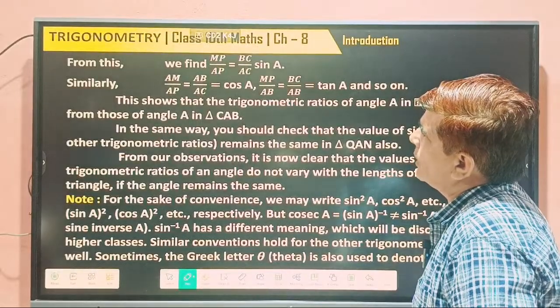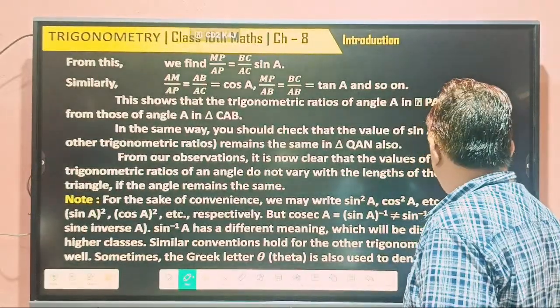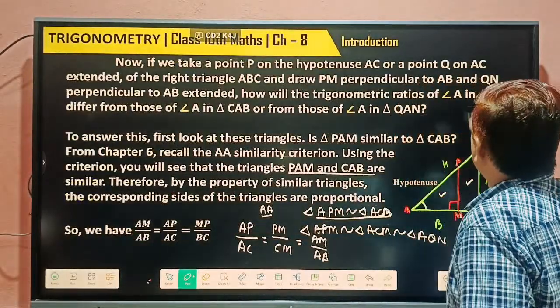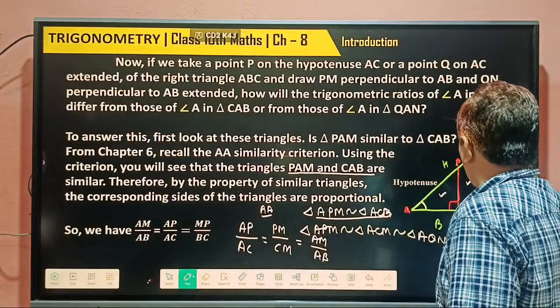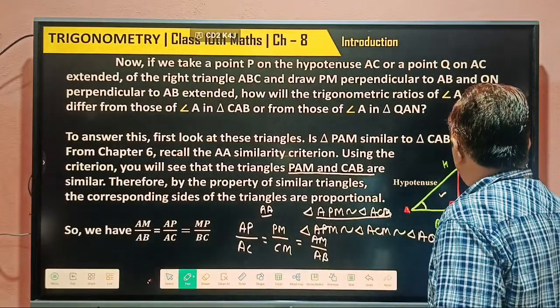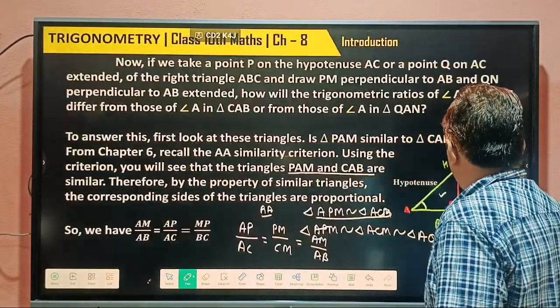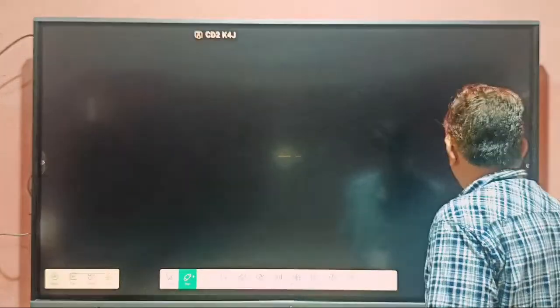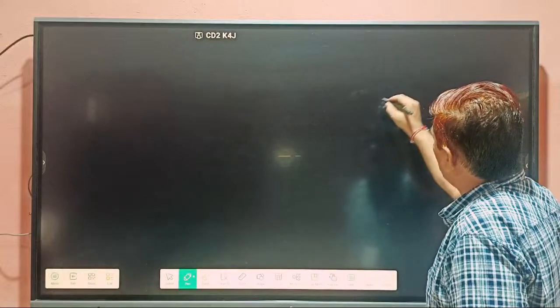So from this we can find out, you can take one triangle, this one. Which triangle? This triangle is taken. I'm making this here by adding one page. So making the triangle, the triangles are like this.